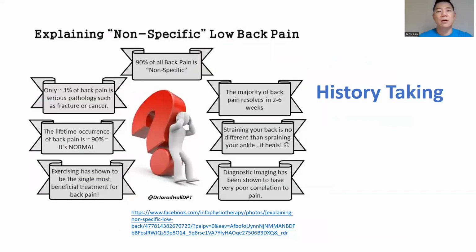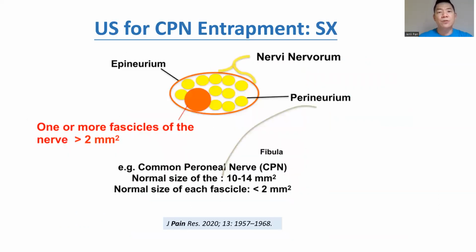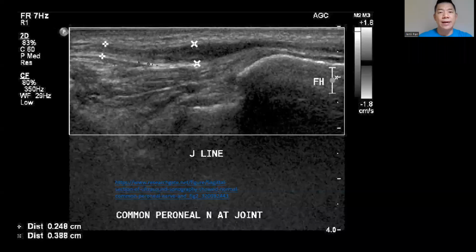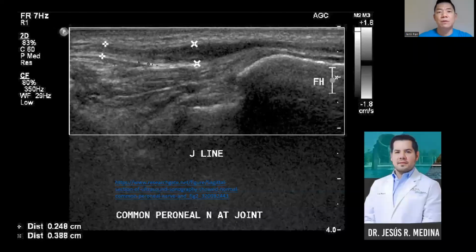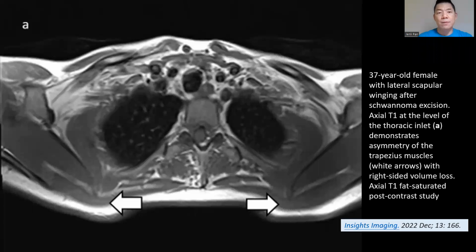And history taking usually reveals nonspecific signs of focal pain. Although ultrasound can show some swelling or increased thickness of the fascicles, in short axis or in long axis, which will be more elaborated by Dr. Medina, and the MRI as well.